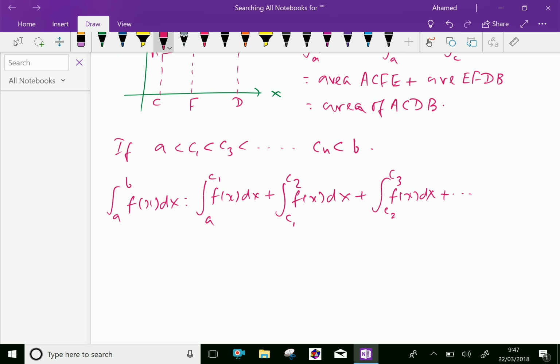It continues up to plus Cn to B f of x dx.